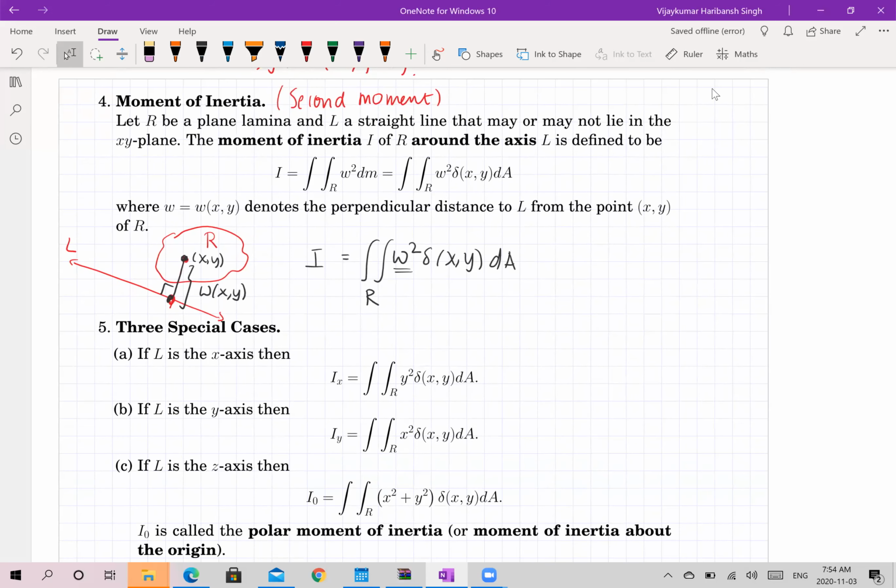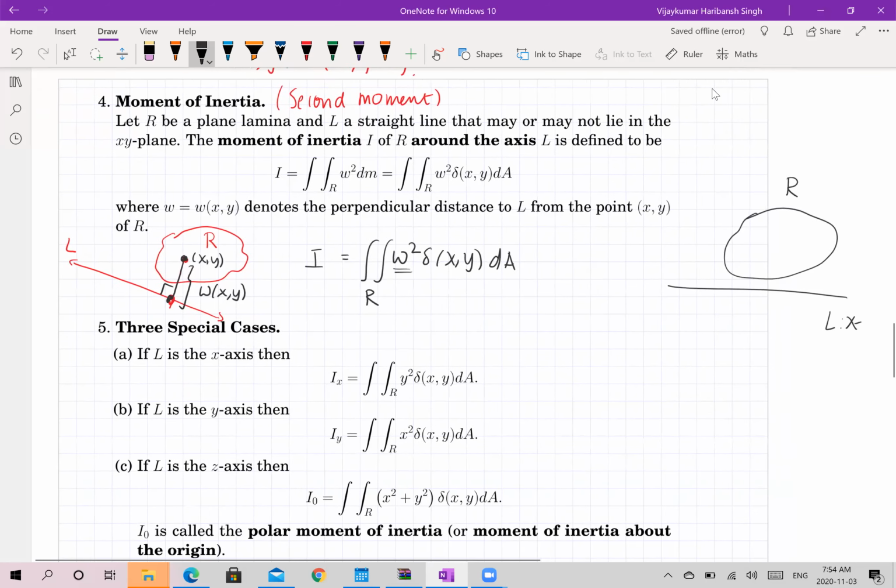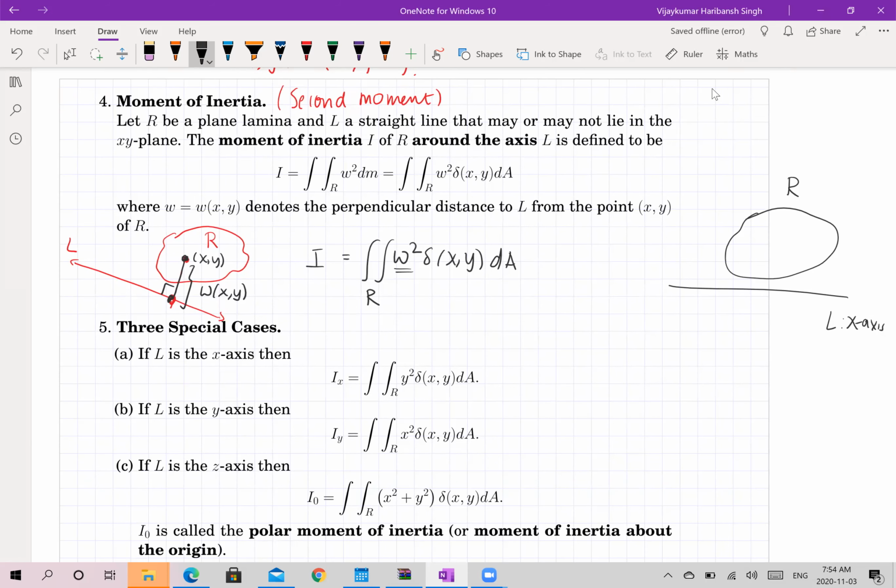There are a few special cases. When L is the x-axis, if we look at point xy, this distance is going to be y.